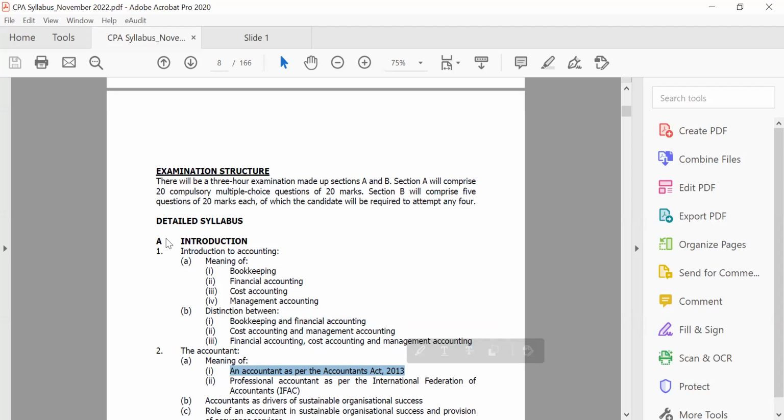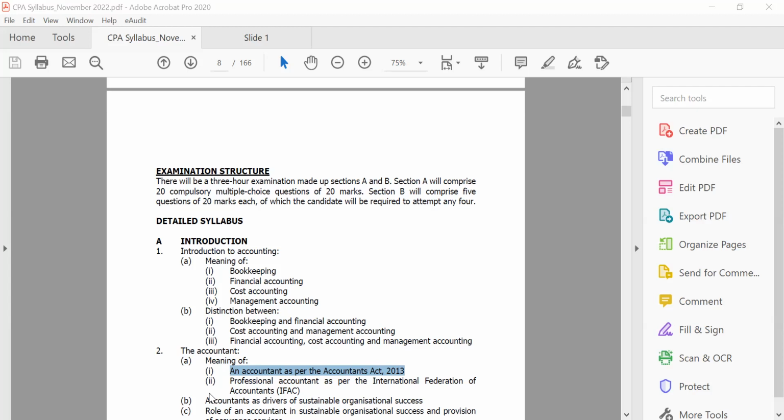So the next thing here that we have now is the Accounting Act. Now, I want you to know that as a country, Uganda, we have an act that governs our operations as accountants, okay?